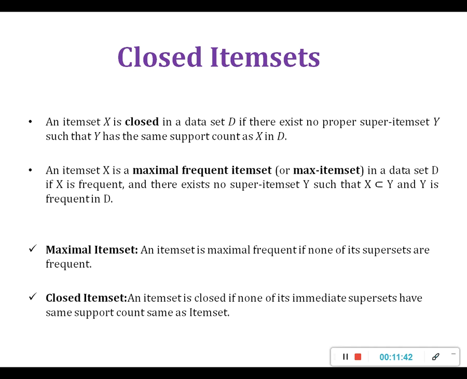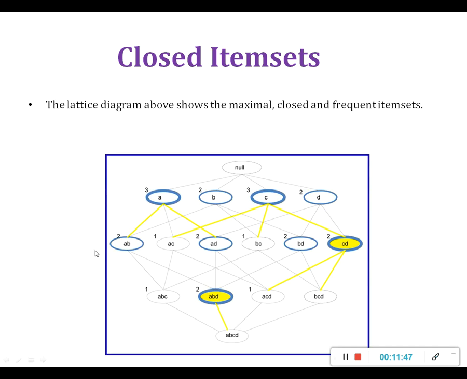To make it simpler, we are going to see an example. In this diagram you will see what I want to say: the lattice diagram is drawn here. We are going to find the maximal, closed and frequent itemsets in this lattice diagram.